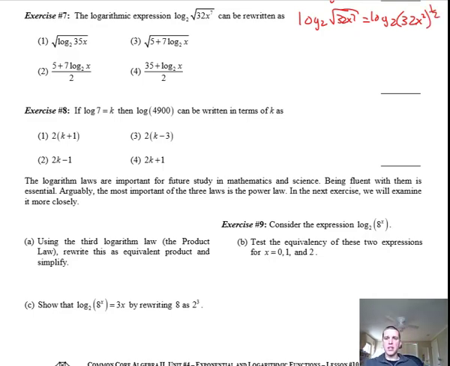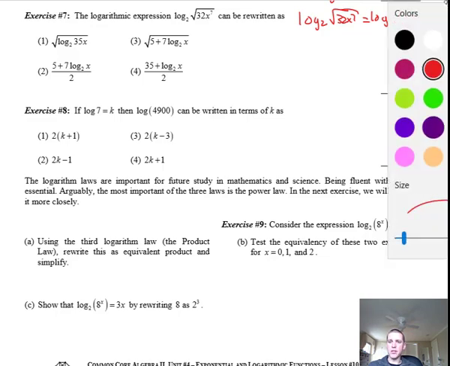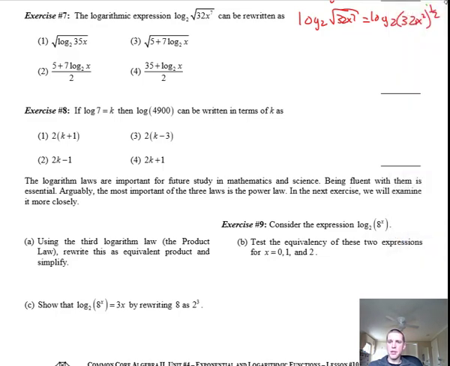So notice that this is an immediate power rule because it's raised everything, even though there's multiplication here. Even though there's multiplication on the inside, you notice that it's all raised to the 1/2. That means that I'm going to take this 1/2 and I'm going to bring it out in front to begin with.